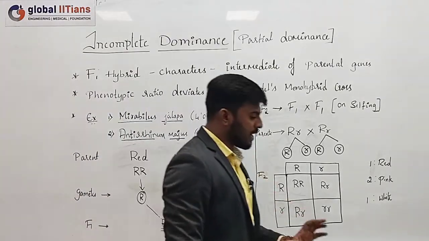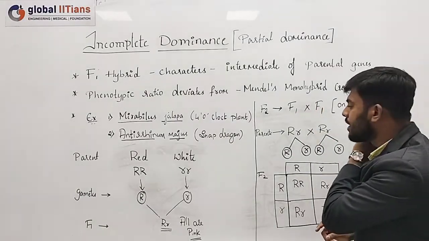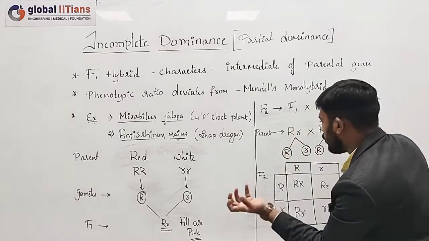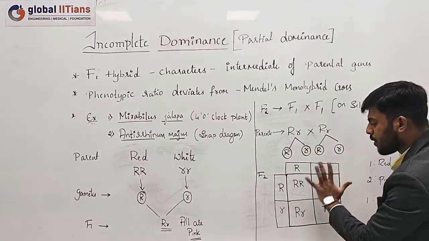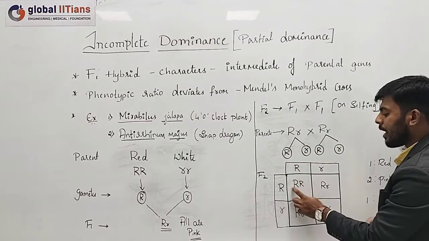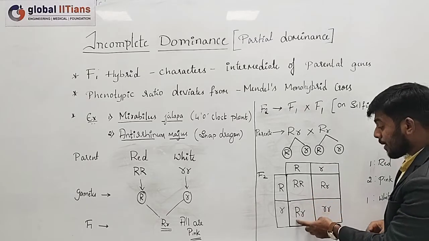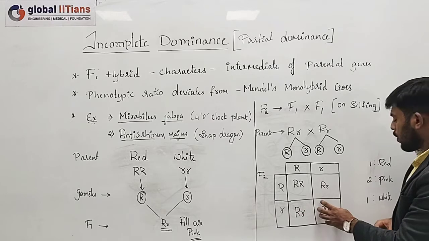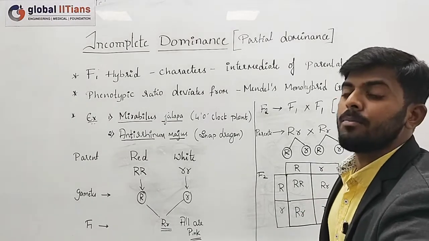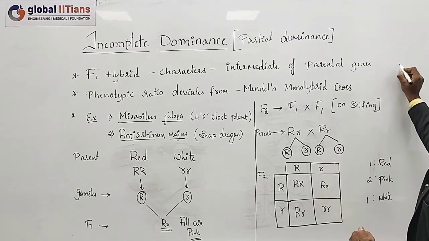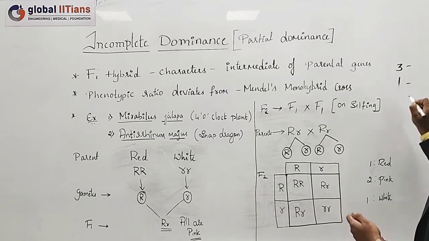So now let us move on. For F2, that is selfing, F1 has to cross with F1. Here also, the genotype is capital R and small r. What we obtained is the same here. When you take the F2, we get one homozygous red, two heterozygous pink, and one homozygous white flower. But if you remember the monohybrid cross, there we used to get 3 dominant character and 1 recessive.